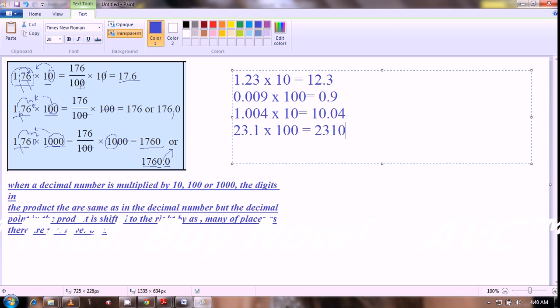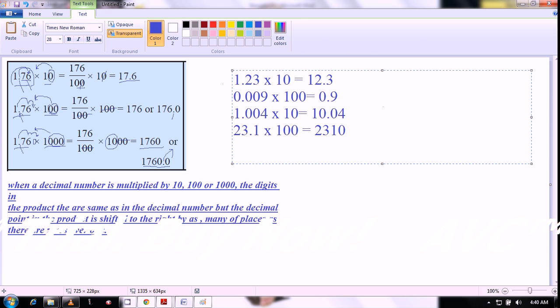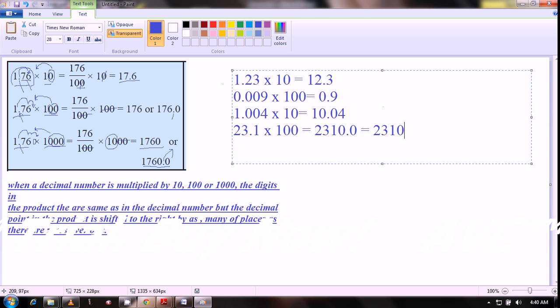So from 23.1 here, our decimal will shift 1 position, 2 positions, and here we'll get a 0, and this can simply be written as 2310.